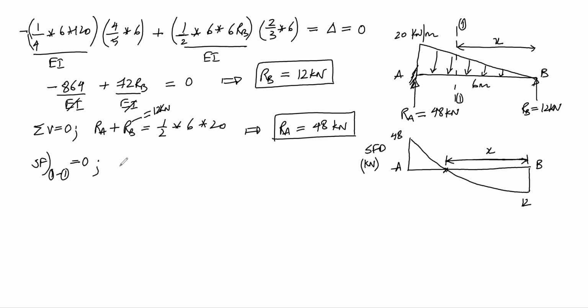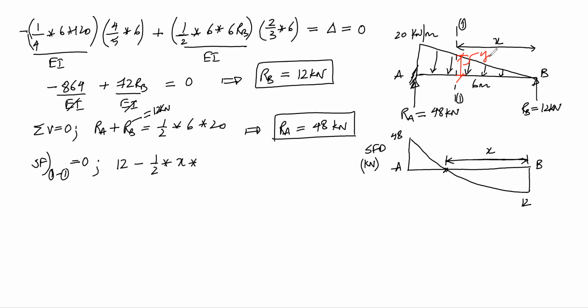this will be nothing but, if I consider the right side of the section, I have 12 kilonewtons upwards, and this region of triangular load which is acting downwards, so it will be minus half into x into, now this height is taken as y.